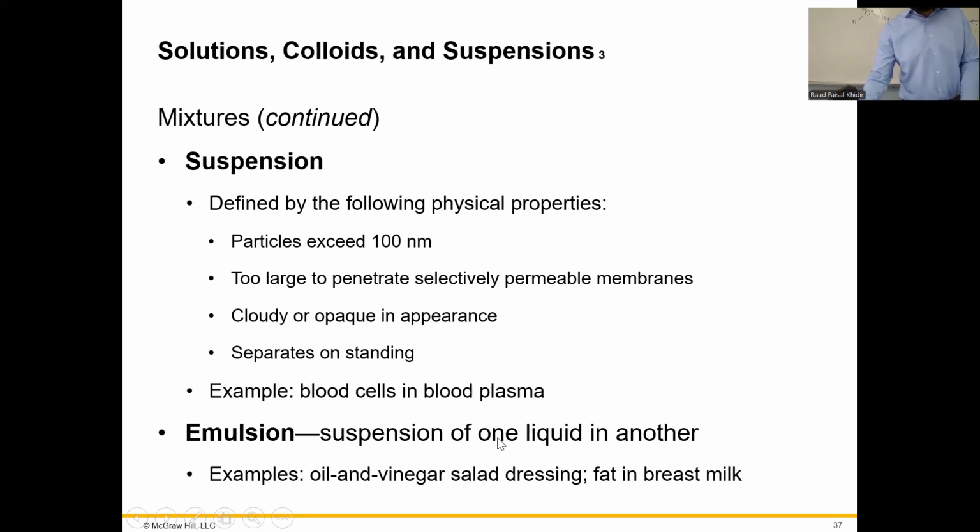An emulsion is a suspension of one liquid in another. So now you don't have blood cells and blood plasma. Now you have oil and vinegar, like when you add oil to vinegar in salad dressing, or fat in breast milk.